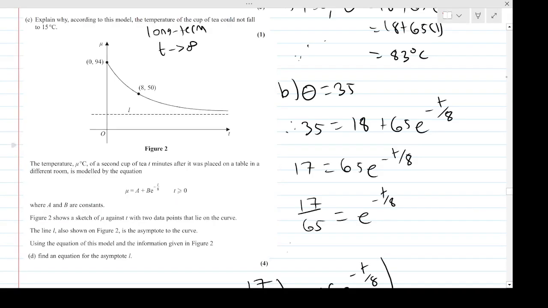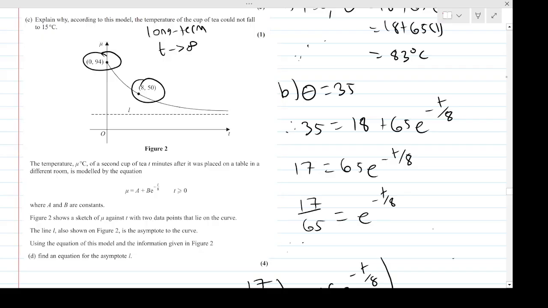We have 2 data points, 2 coordinates here, and we're also given an asymptote with the line L. It says to find an equation for the asymptote, but we're given these 2 points as well. So what we can do is substitute these 2 points in to find A and B.